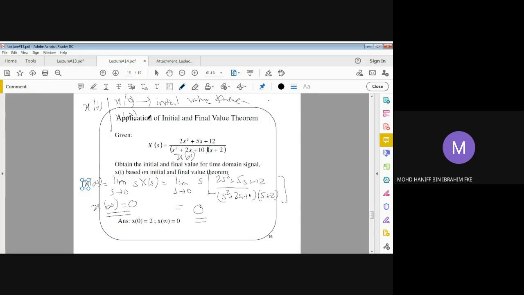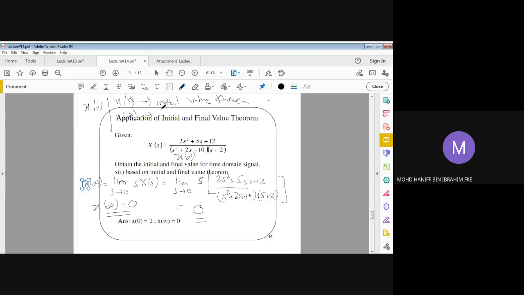And for x infinite, when we use 0 instead of s, the answer is not going to be 0 for this particular case, is it? It's going to be 12 divided by 20, but we have s here, right? Okay.